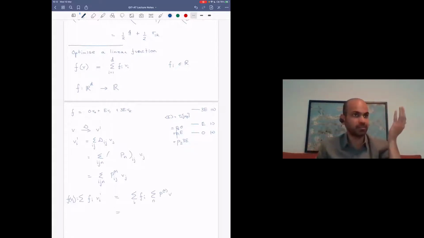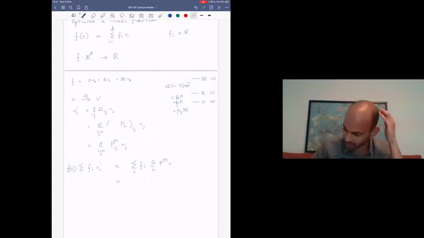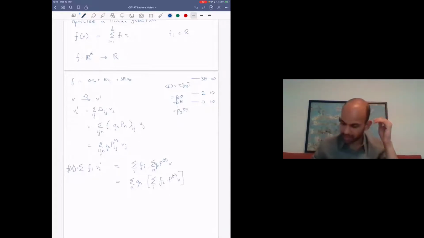But these are both finite sums, linear combinations, so I can easily switch them around, and this will become the sum over n of qn times the sum over i of fi times P_n of v.